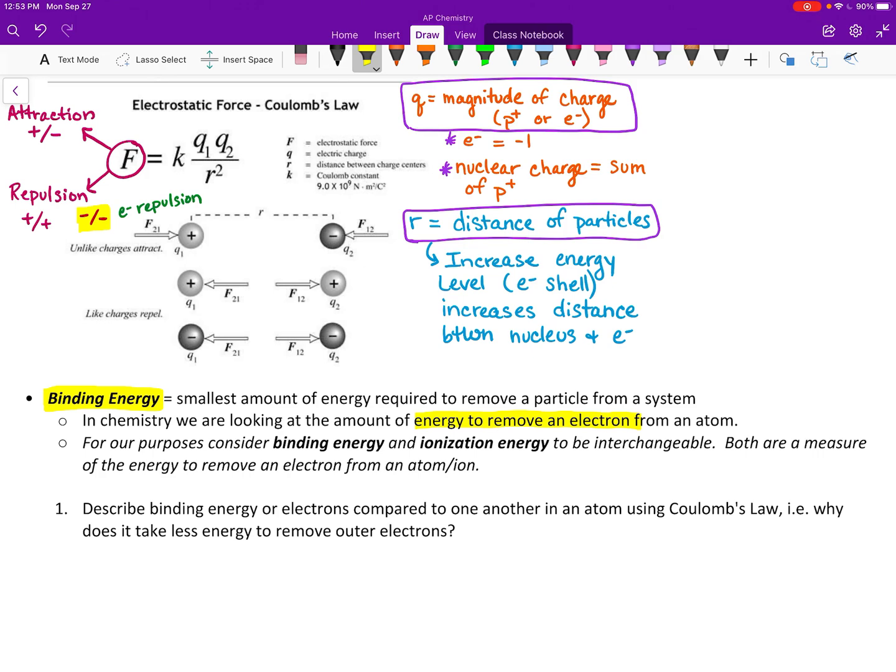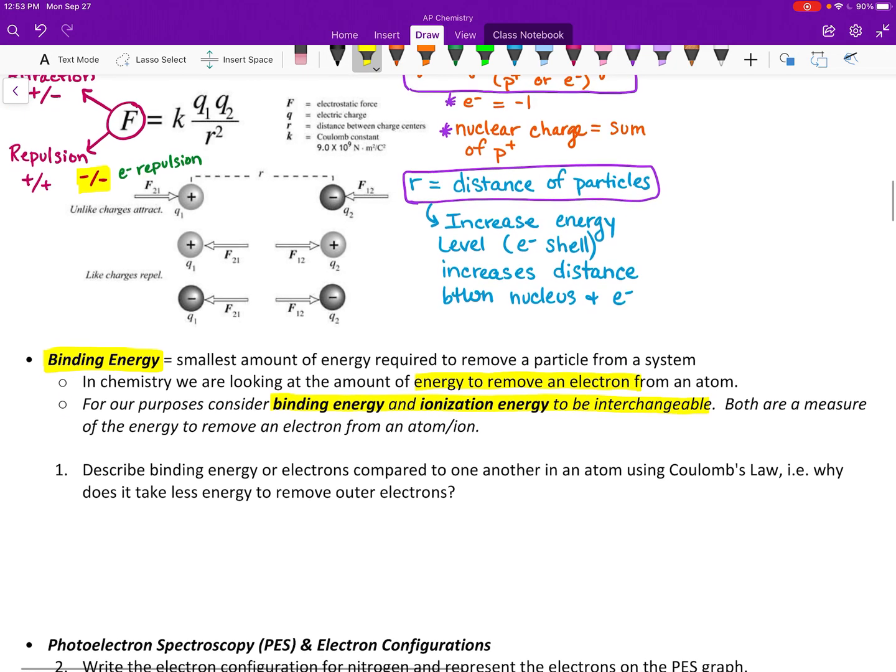That's really similar to ionization energy. Technically how we get that data might be a little different, but for our purposes we are going to consider these interchangeable terms, and both are a measure of energy to remove an electron from an atom or ion.